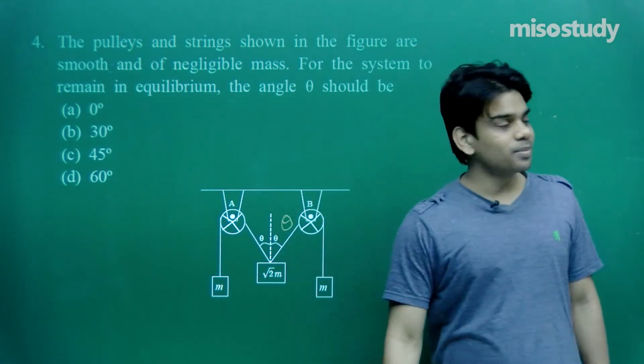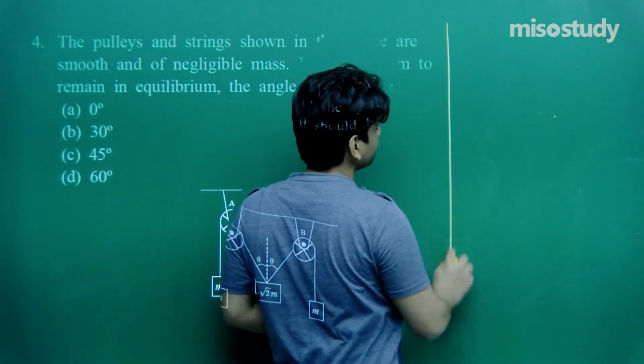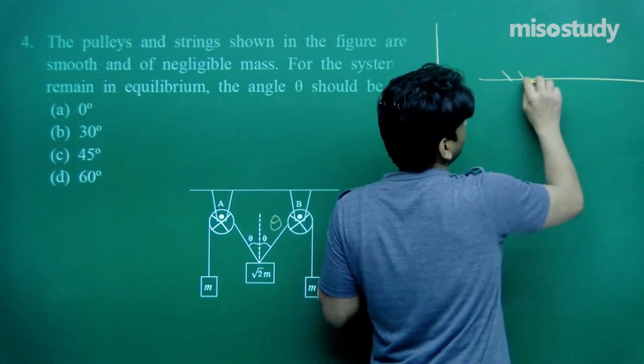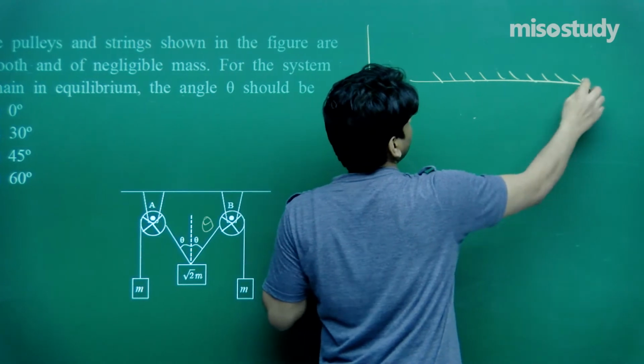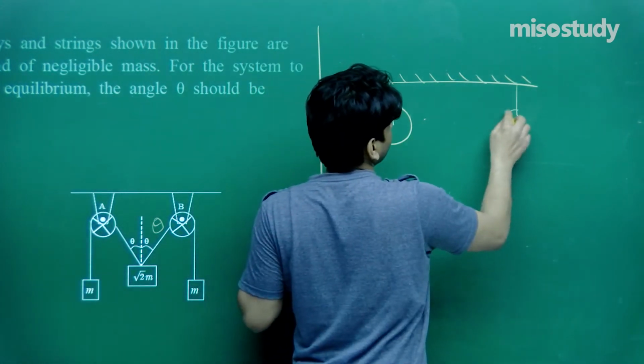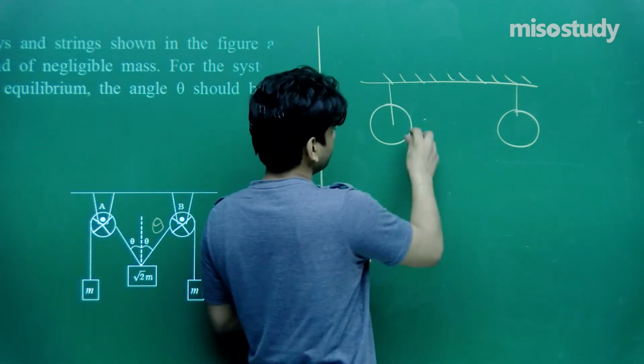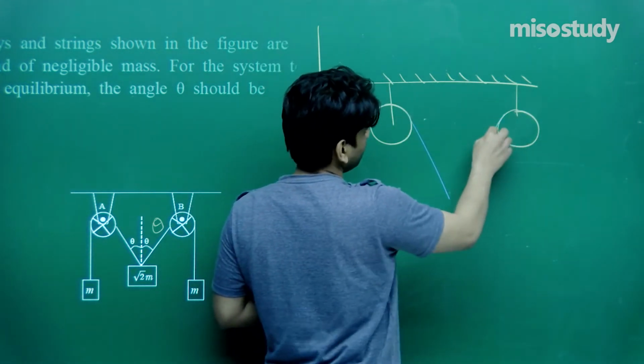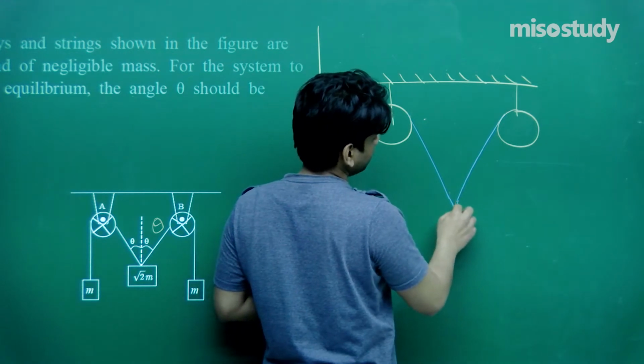Now let me draw the diagram separately for your better understanding. This is how it is represented. So we have two pulleys. We have strings passing over the pulley. I am attaching the two pulleys here.